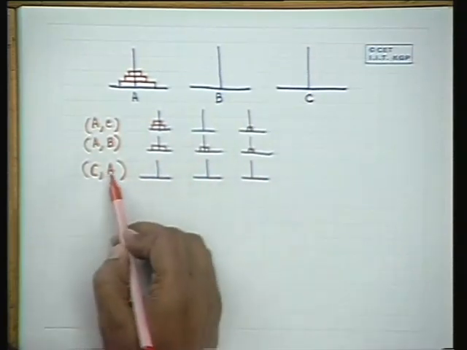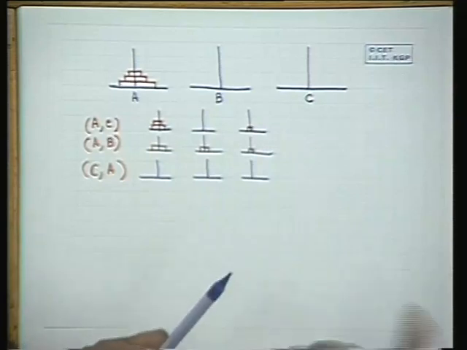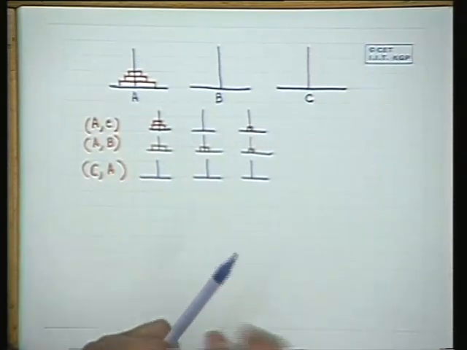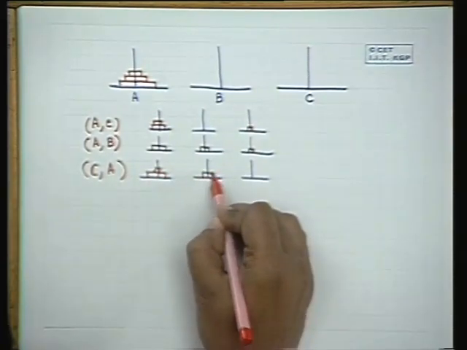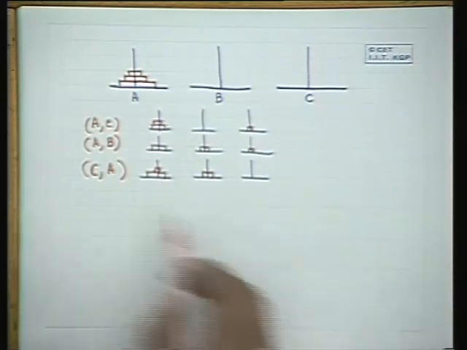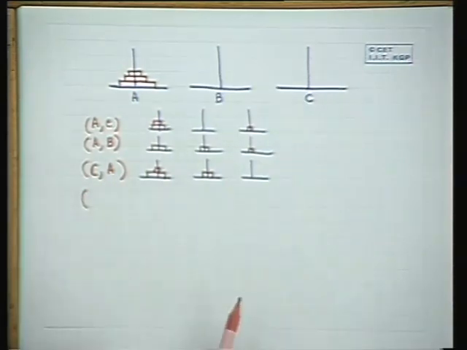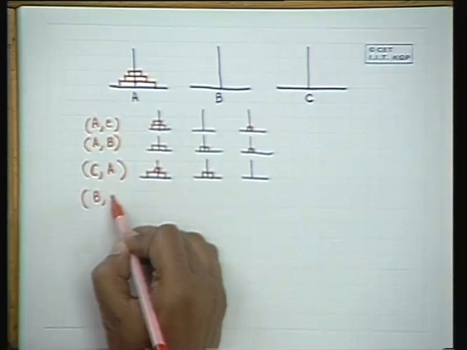You can move from C to A also, you can move from C to B also. Suppose we take the choice from C to A, let us see. Next, any other? Now the only alternative is to move this one here, B to C.